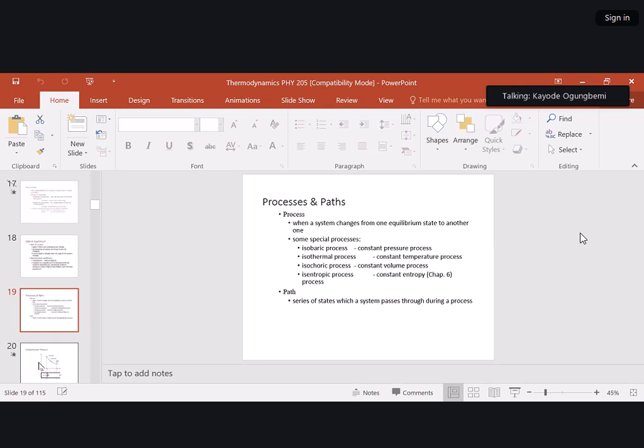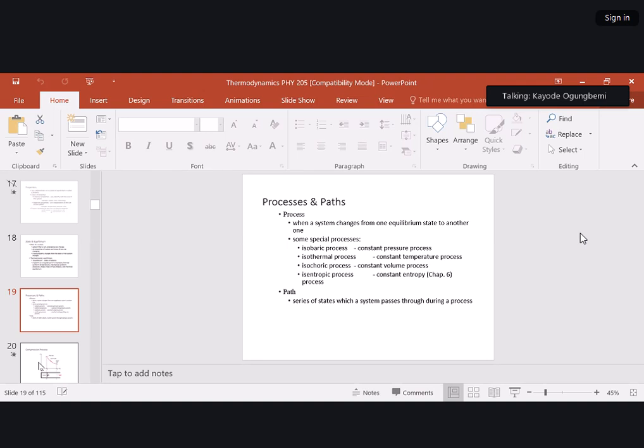We have some processes that we can talk about. Isobaric process is a process that occurs at constant pressure. Isochoric process is a process that occurs at constant volume.